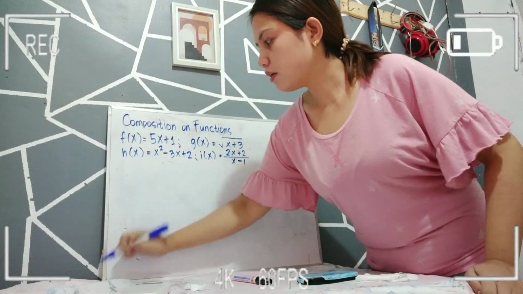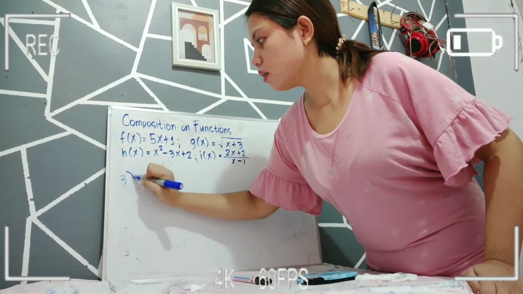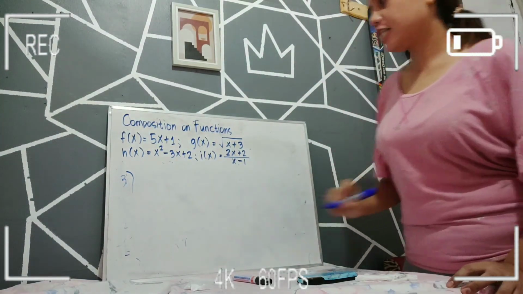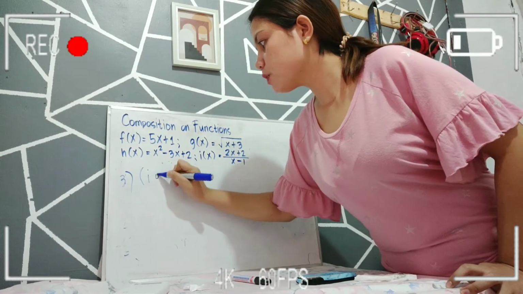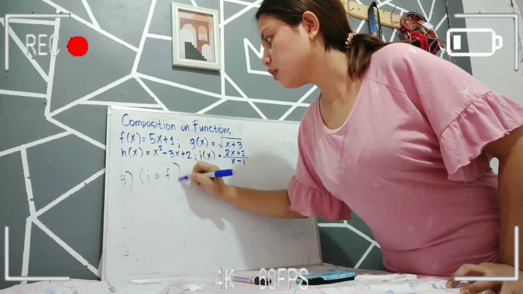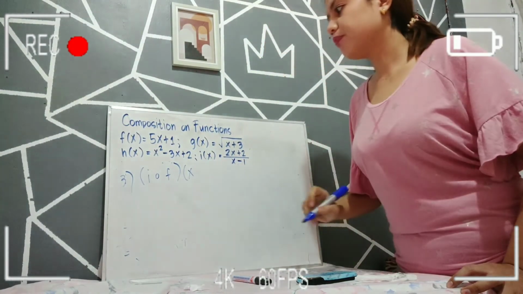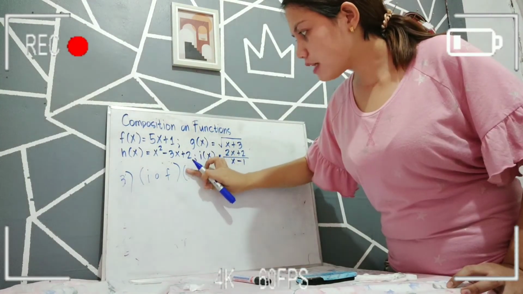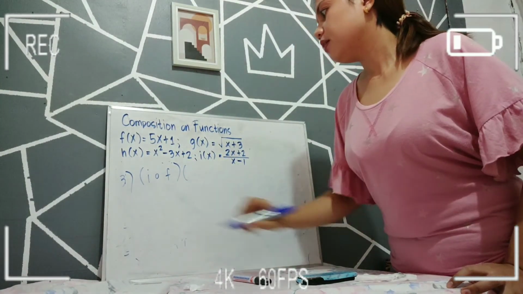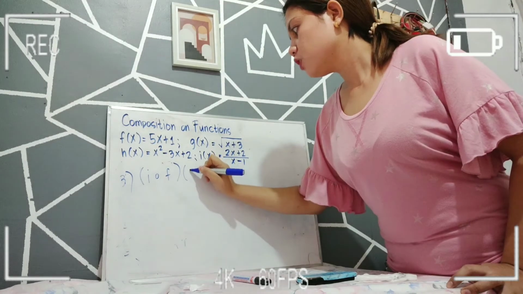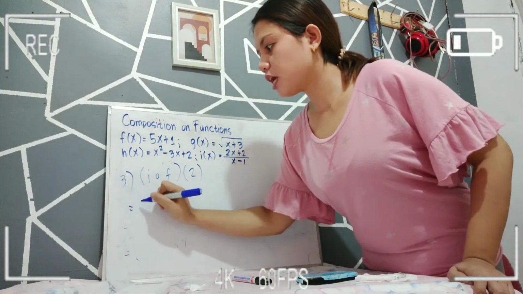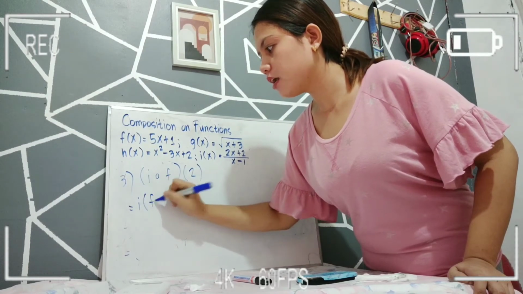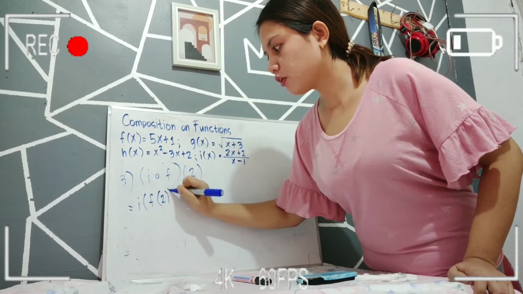Let's have I, or the composite function of I of f of, let's give a value of x na po, 2. Okay. Again, the first step is you rewrite I of f of 2.